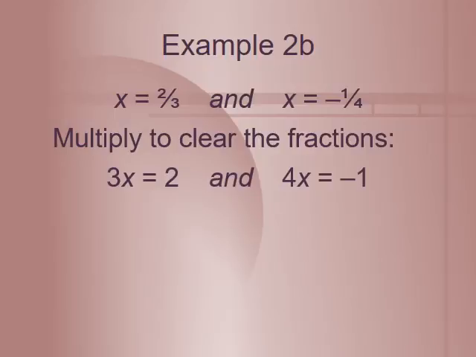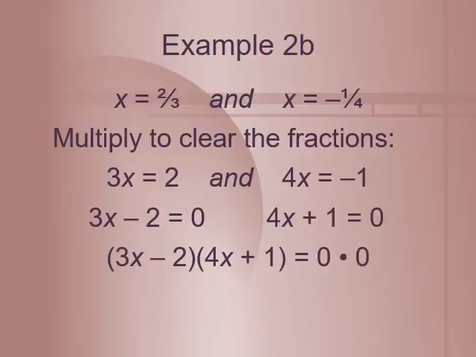So we multiply the top and bottom by the same number to make it equal 1, or in the first case 2. And we're going to set them both equal to 0. And we come up with a new equation that goes with those two x answers.